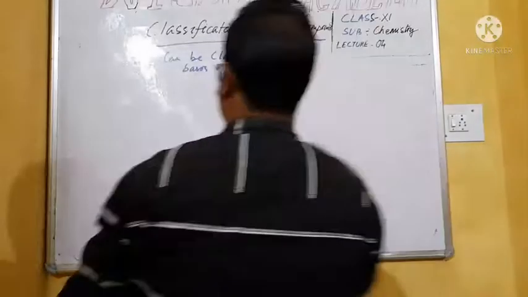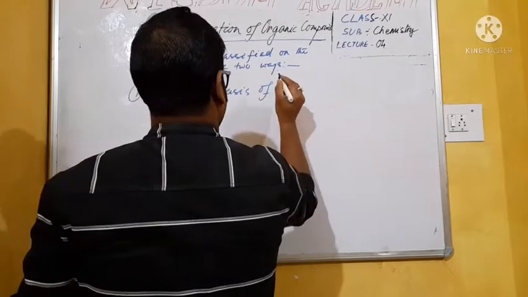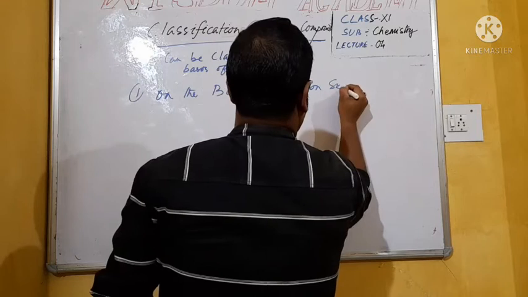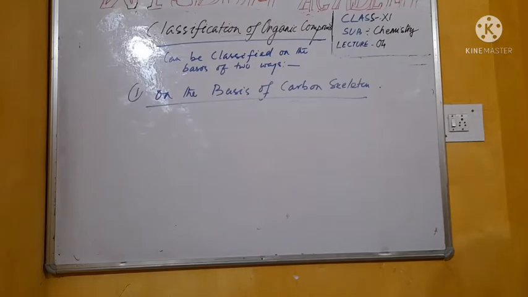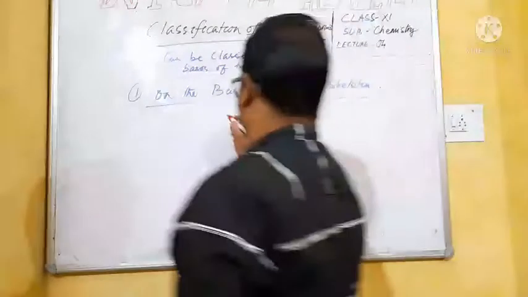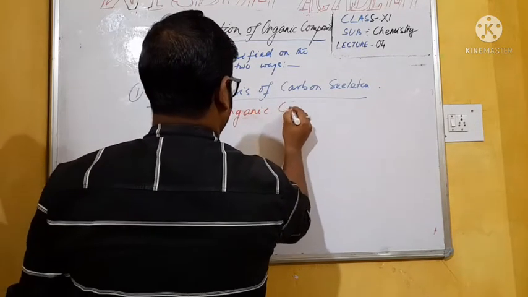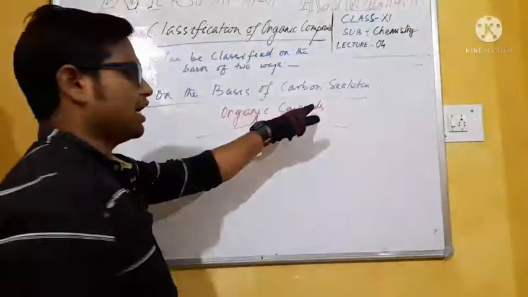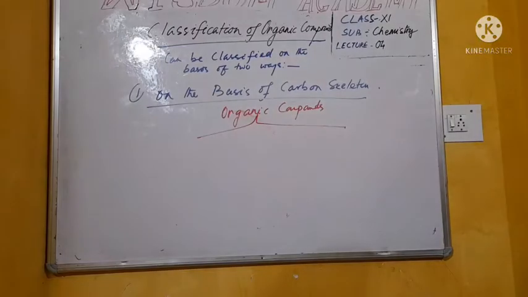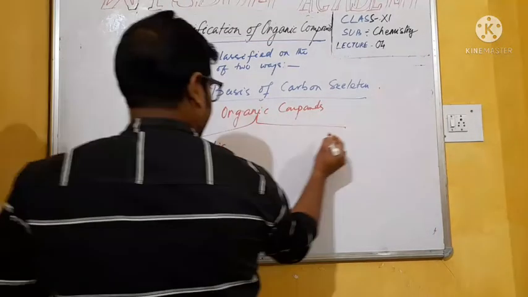On the basis of carbon skeleton, students, all organic compounds are classified into two types according to carbon skeleton, that is aliphatic and cyclic.